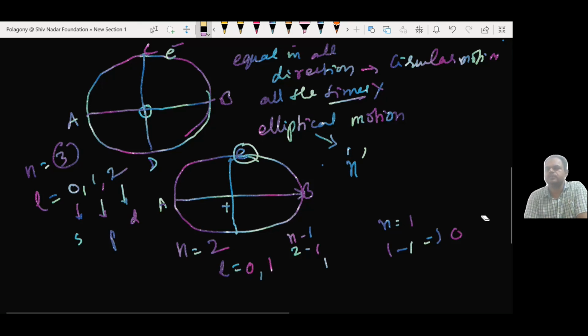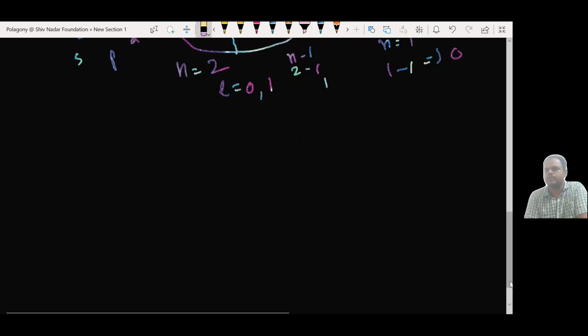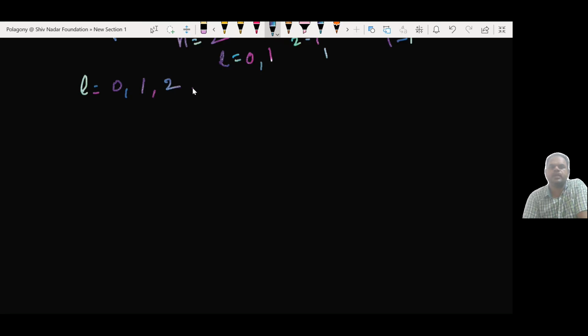For the azimuthal quantum number, L is equal to 0 means the S subshell, 1 means P, 2 means D, and 3 means F. The main shell is divided into subshells S, P, D, and F, where the S orbital accommodates a maximum of 2 electrons, P 6, D 10, and F 14.